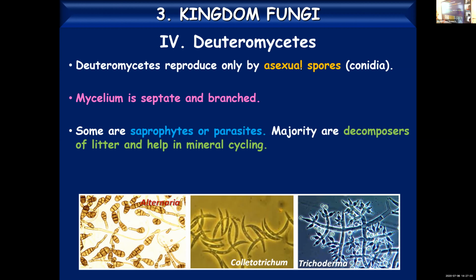Since they act as decomposers, they play an important role in mineral cycling. Minerals never escape from the Earth's surface. We have learned about biogeochemical cycles, so these nutrients keep cycling between the living and non-living components. It never escapes like energy.